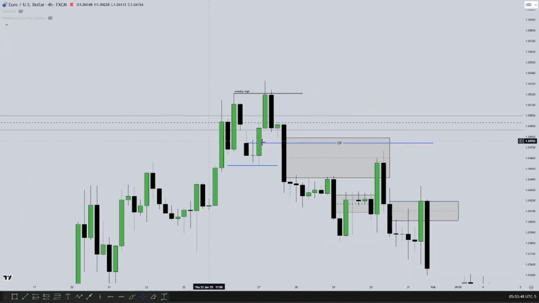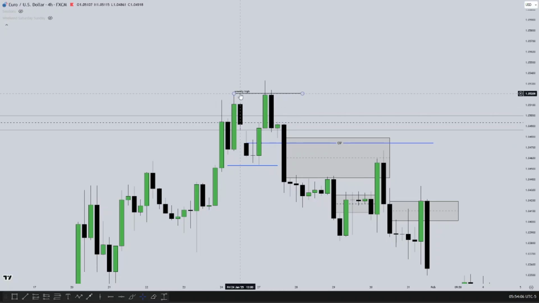Now price opened, traded lower to this 4-hour fair value gap, led to higher prices for price to trade through this weekly high. Now, a trade through this weekly high is indicating that price is running the previous week high to lead to lower prices.